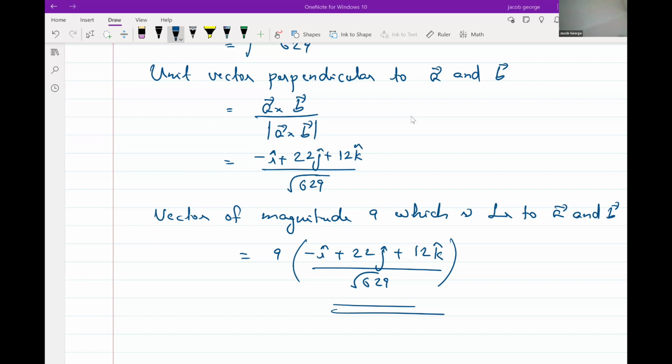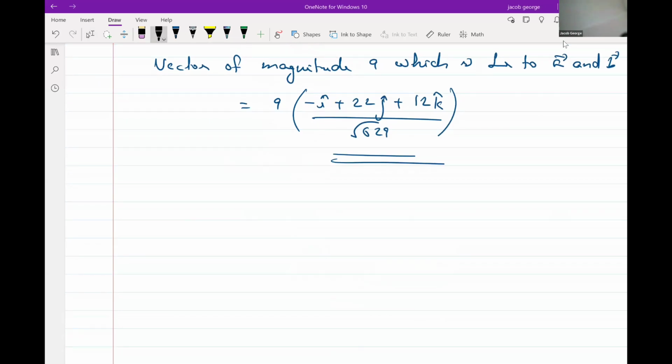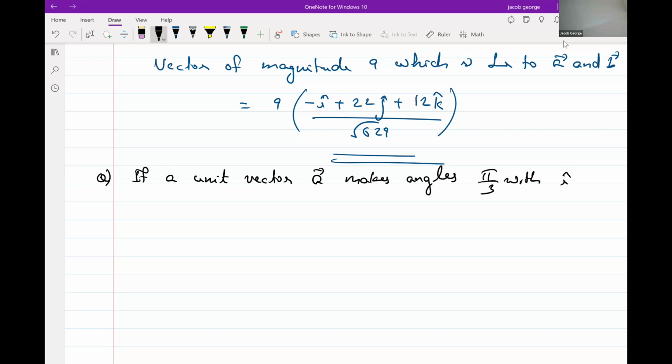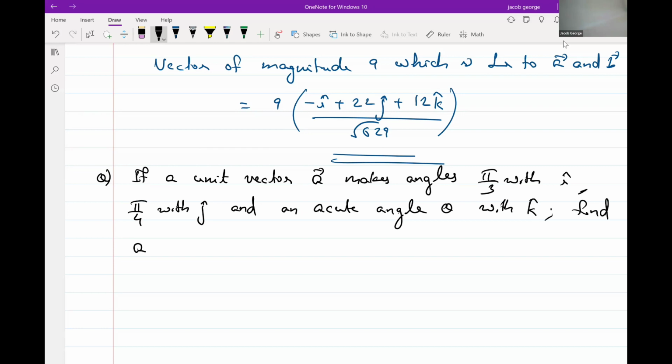If a unit vector A makes angles pi by 3 with i cap, pi by 4 with j cap, and an acute angle theta with k cap, then find vector A.